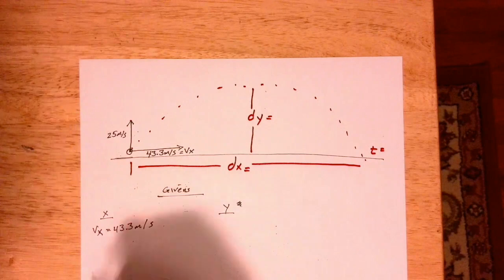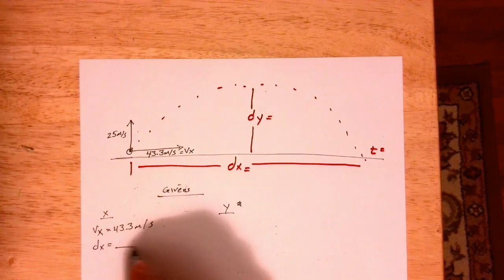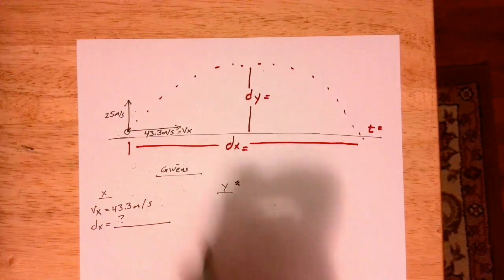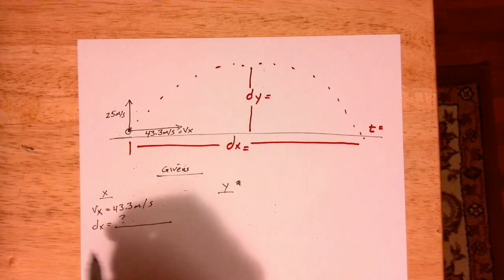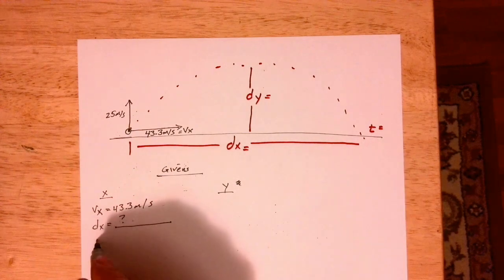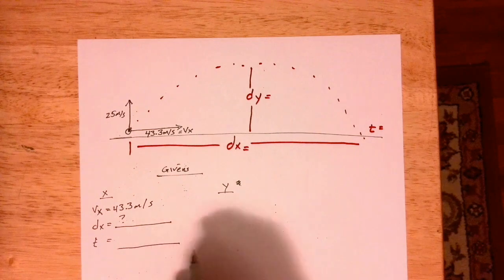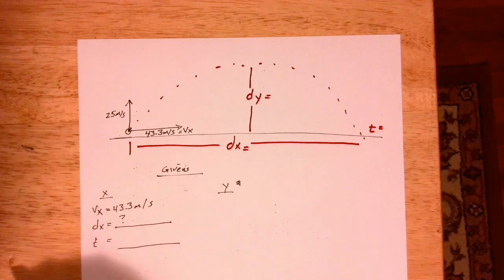You know this is d sub x, but we don't know what that value is. Is there anything else? Not technically, but there is one thing, and it doesn't matter whether it's in the x or y: time. I'm going to talk a little more about time here, so we also will need that information. Notice that with horizontal we only have one bit of information and we have two unknowns. We can't do anything quite yet.